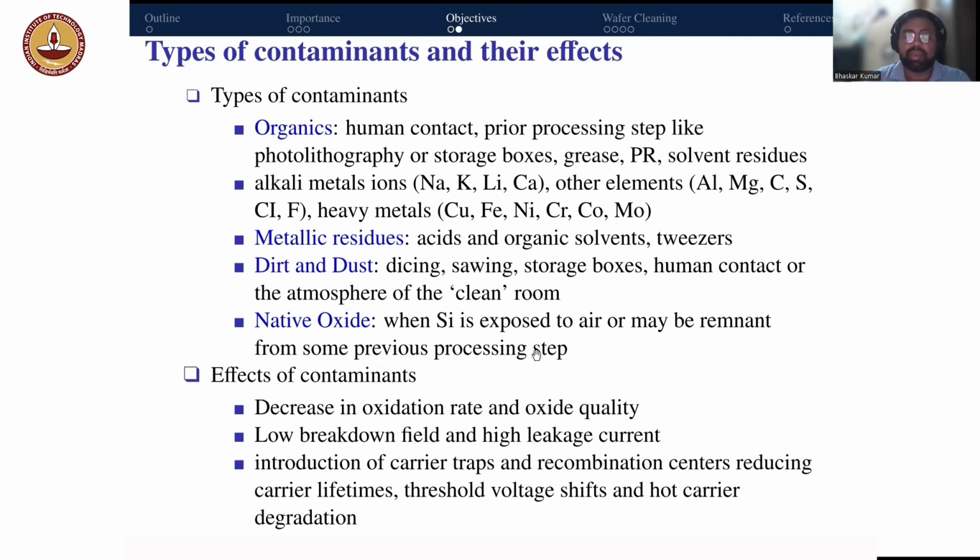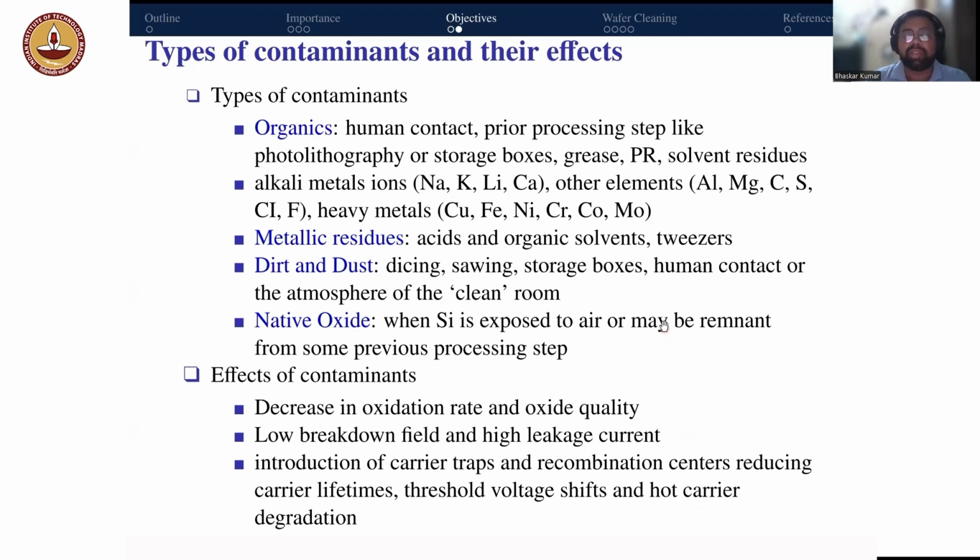Also, the ionic contaminants, for example, when they are subjected to a high temperature or to an electric field, diffuse to the silicon bulk and spread to the surface, and they lead to electrical defects, device degradation, and yield loss, to name a few.